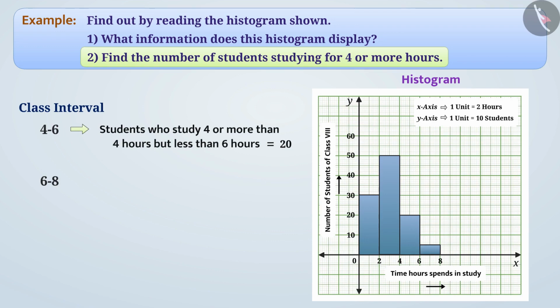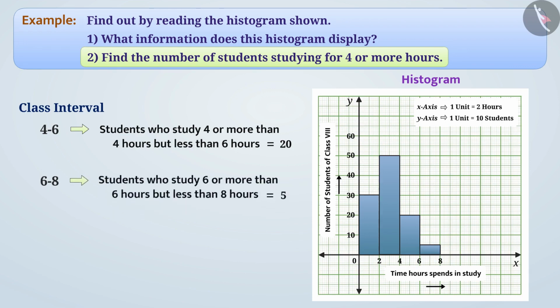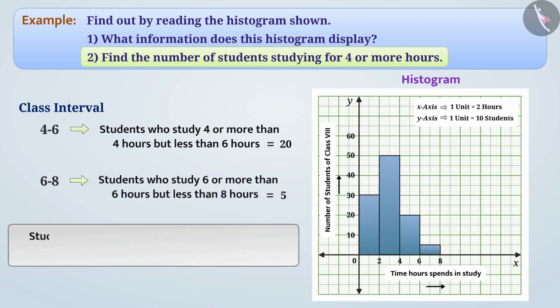Similarly, the class interval 6 to 8 and its length of bar shows that there are 5 students who study 6 or more hours but less than 8 hours. In this way, the number of students studying for 4 or more hours is 25.